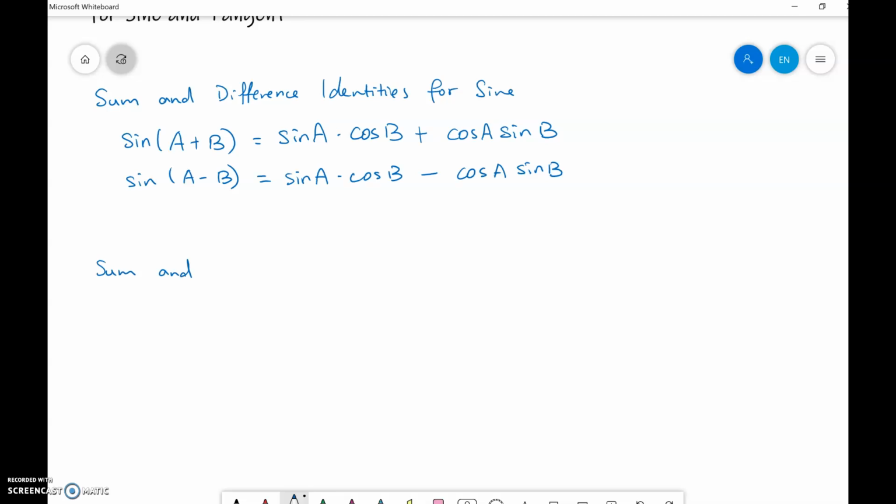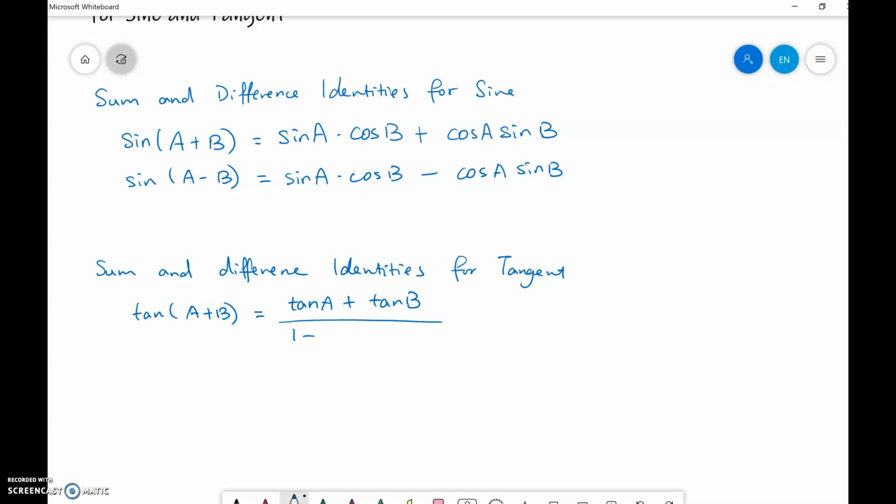The sum and difference identity for tangent. For tangent, we actually have quotients this time. Tangent of a plus b equals tangent of a plus tangent of b over 1 minus tangent of a times tangent of b.